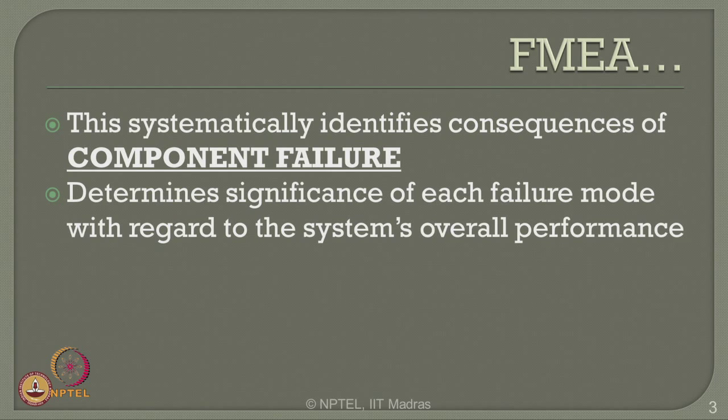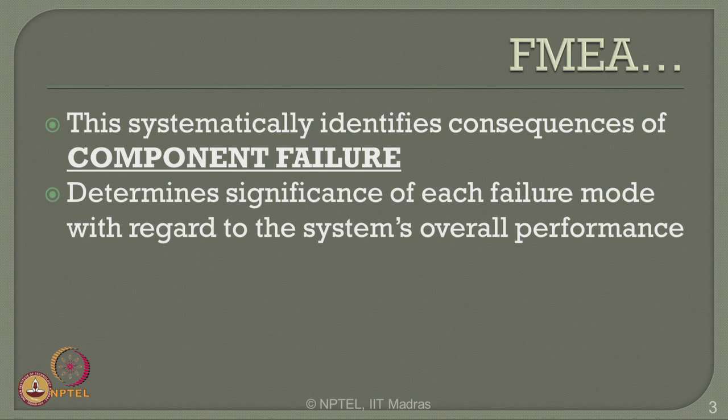It determines the significance of each failure mode with regard to the system's overall performance. If the system comprises different components, we identify the failure of different components in a specific order or hierarchical manner, where the consequences of failure of these systems, subsystems or components will affect the overall performance of the entire mechanical system.